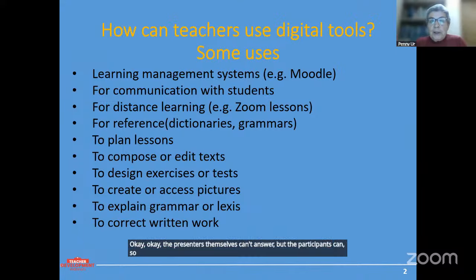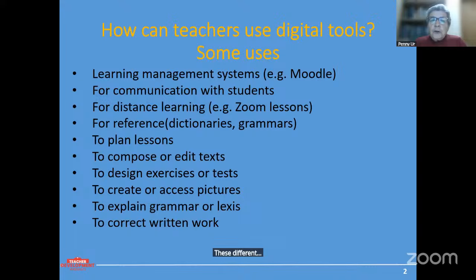So please fill in your answers, how much you use these different tools. It'll take a minute or two, maybe 3 minutes.